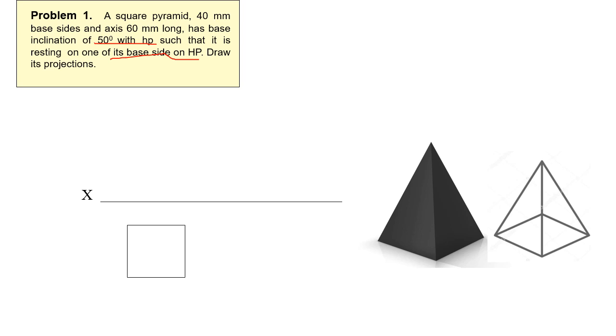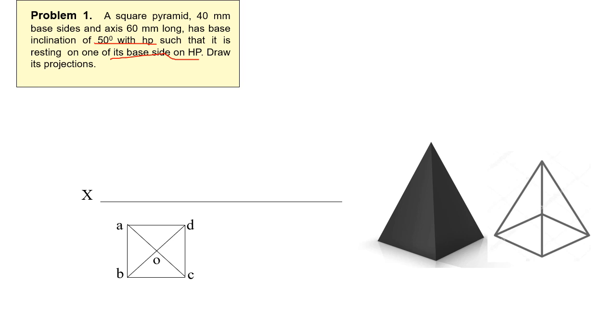Now these four slant edges are inclined to HP, and therefore their length will get reduced, and these four slant edges will meet at a point O, the apex. So this is ABCD. This will be the top view.